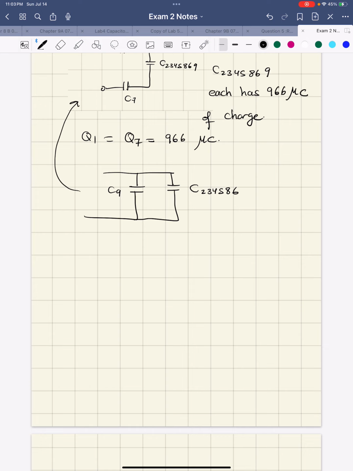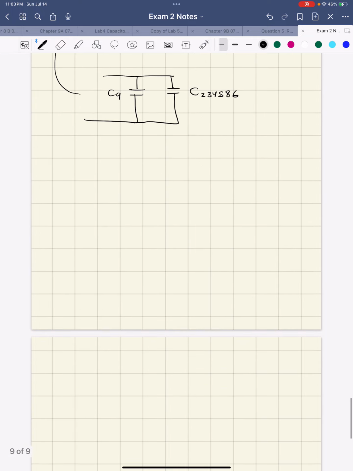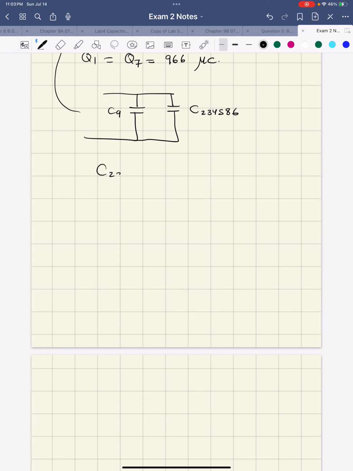This one we calculated as the equivalent of these two. We know that C2,3,4,5,8,6,9 is 6.9 microfarad.